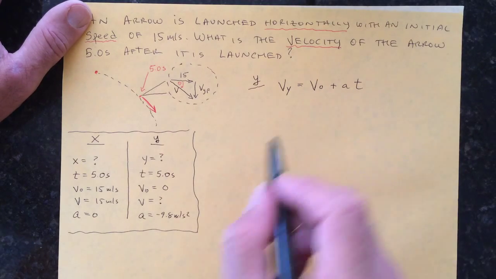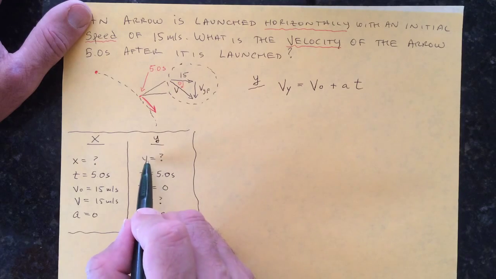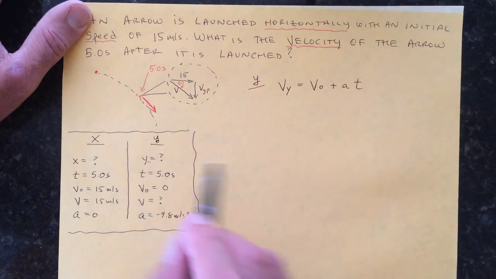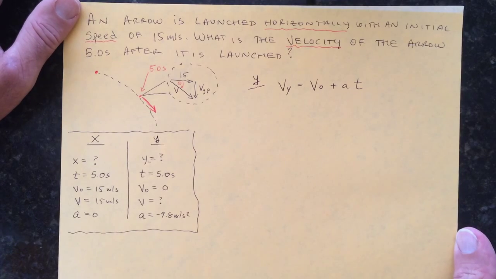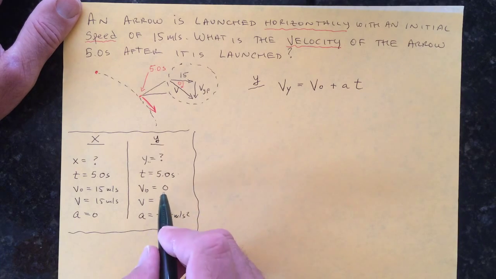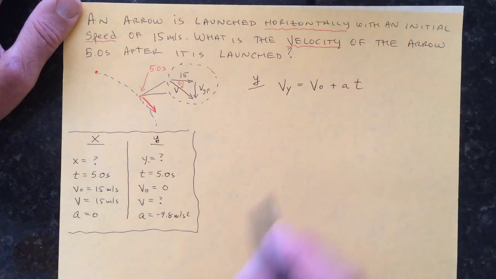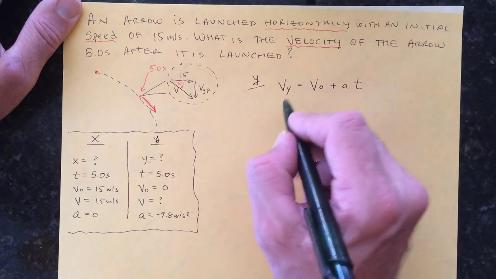The reason for this equation is since I don't know what the y is, I can't use the position function. That's what I like to start with, but it's not going to work this time. So I have to pick something else from my list of formulas. And since I have time, initial speed, and acceleration, this will work for me.